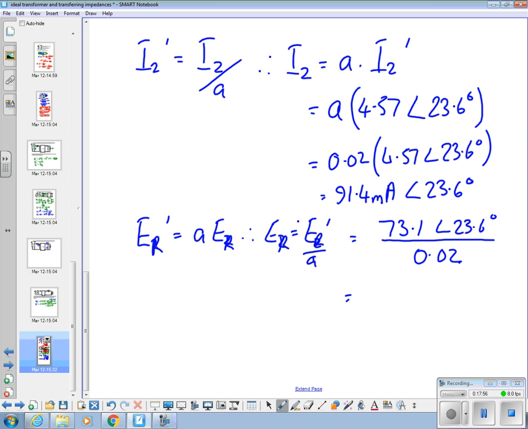I got that as 3655 volts angle 23.6 degrees. Angle of current and angle of voltage for a resistor are always the same. Something else that is a good check that you've got things right.